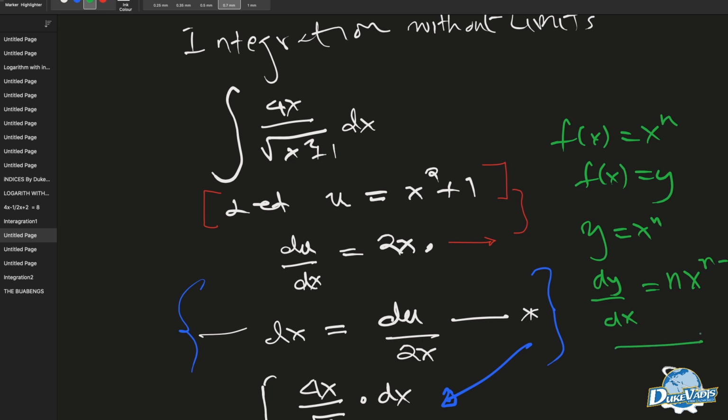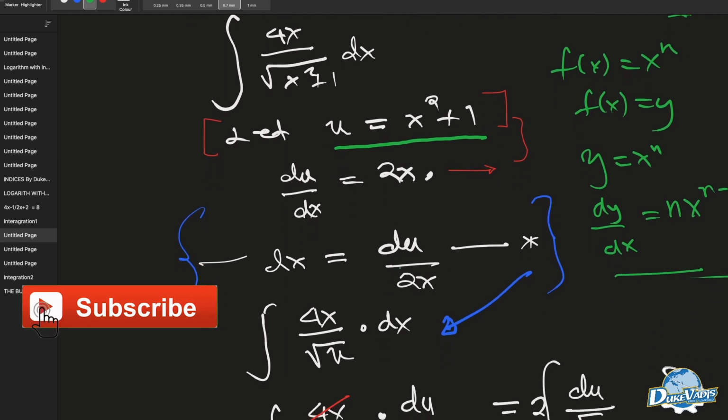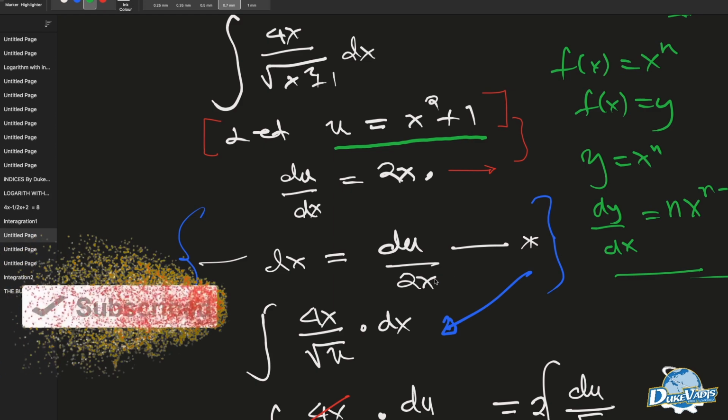It's fundamental. That's what we applied to differentiate this, and we had du/dx equal to 2x. But our interest was dx, so that's why we arrived at this.